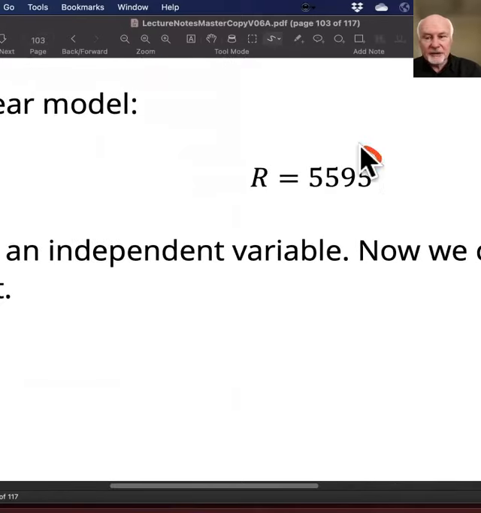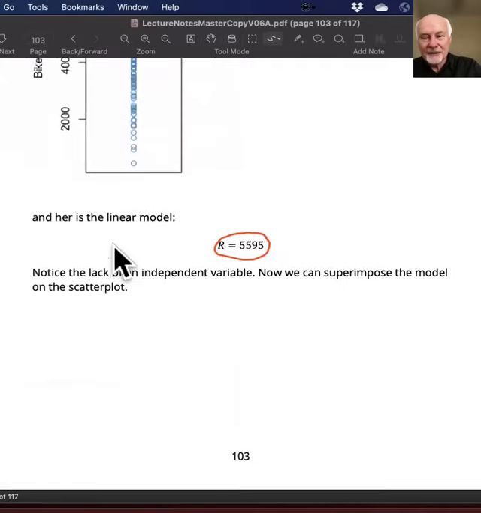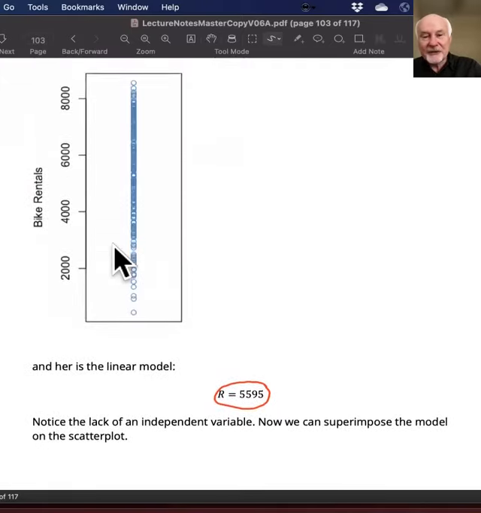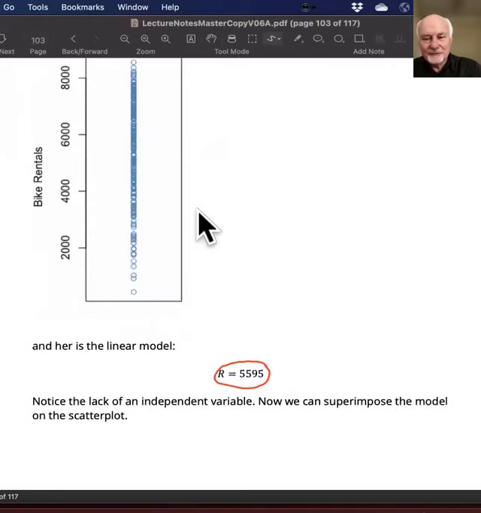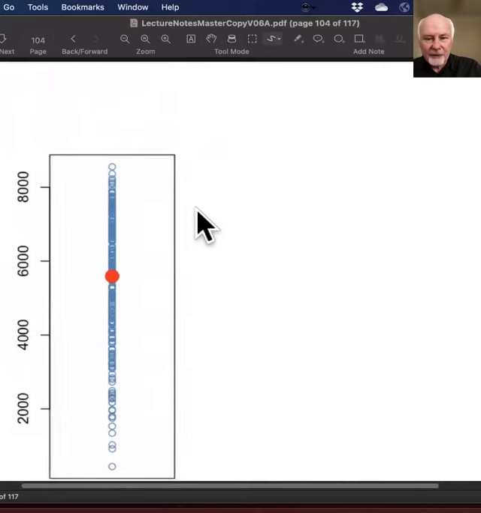So the linear equation is R equals 5595. So you can see there's no independent variable there. There's just an intercept. And we can draw the same chart. We can put the intercept on there.